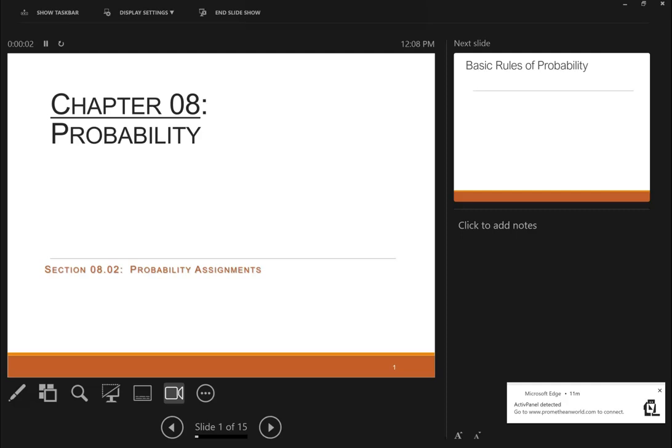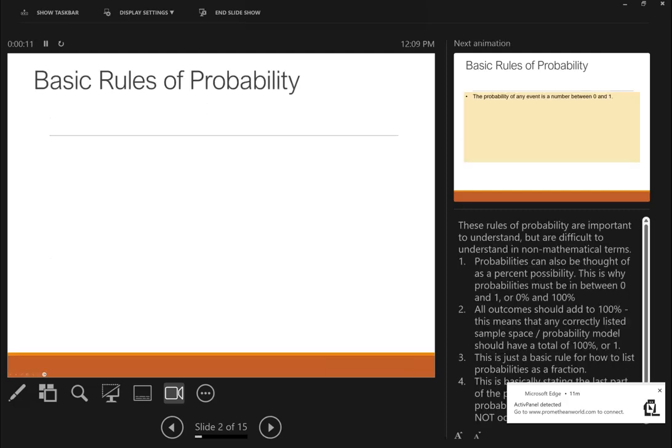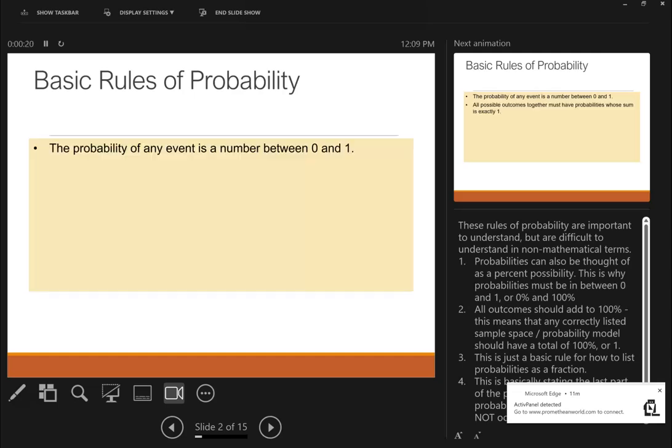Let's get probabilitying. All right, basic rules of probability. Some of these things we touched on last time. Probability of any event is a number between 0 and 1, or a percentage between 0 and 100, or a proper fraction, or, actually, a non-negative proper fraction. 0 is okay.